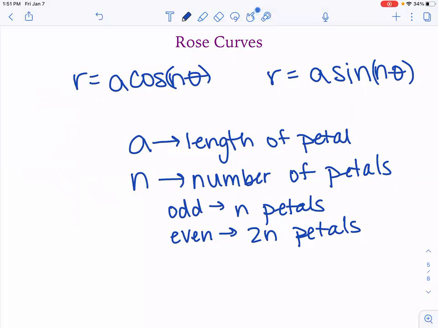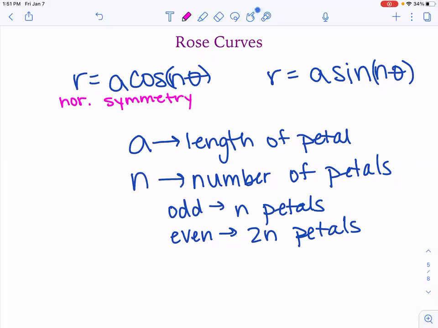They do start in different positions, but there's also some symmetry, symmetric about different axes.